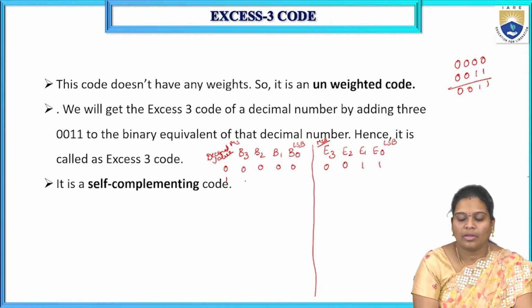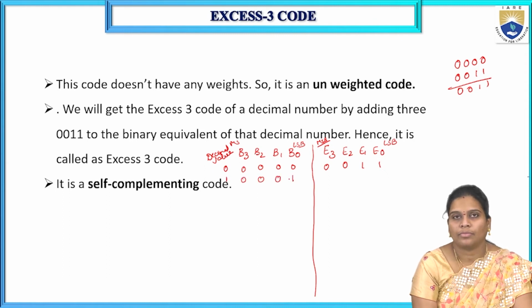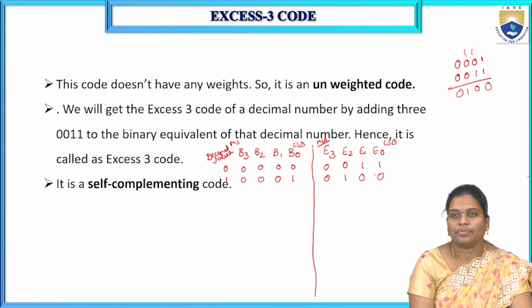Next one is 1: 0, 0, 0, 1. 1 plus 1 is 0 with a carry, so we get 0, 1, 0, 0. For the decimal value 1, we get 0, 1, 0, 0.